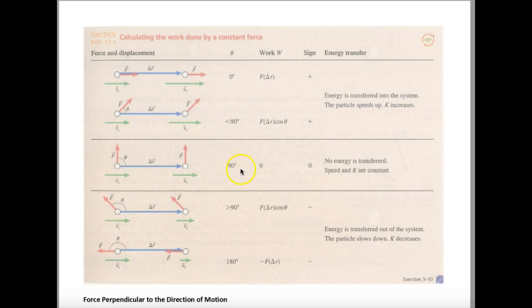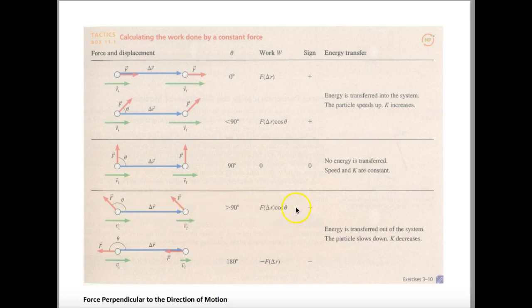If your force is at a 90-degree angle, then you'll notice that it has no bearing on the direction of motion. Because of that, there's no energy transfer in the direction of motion, and the speed and the kinetic energy are kept constant. For the very bottom one, you'll notice now that the force is greater than 90 degrees from the direction of motion, or from our displacement.